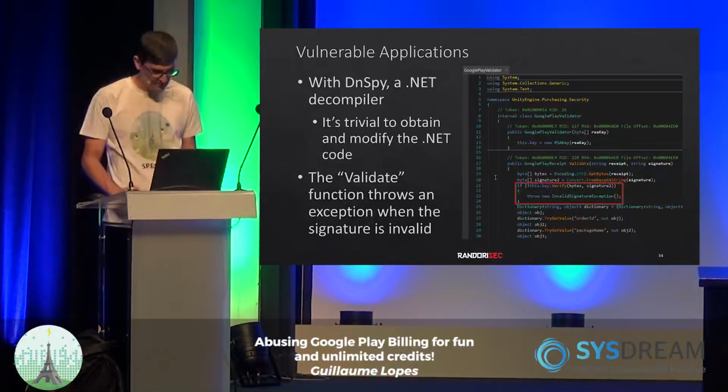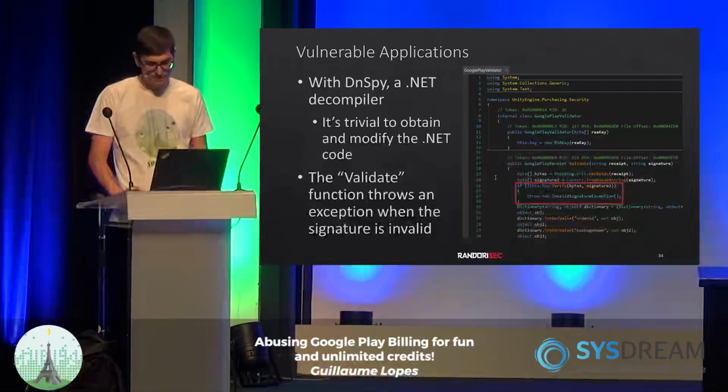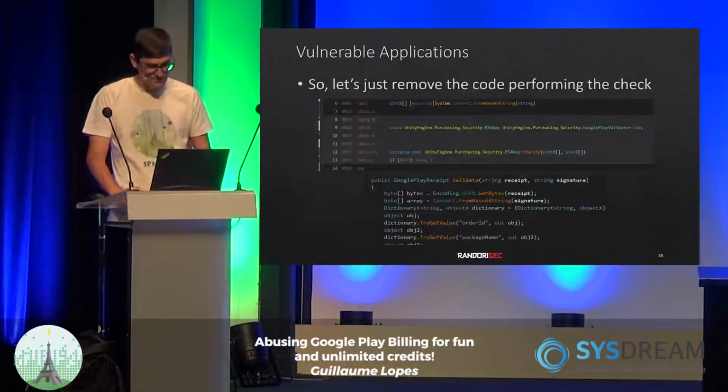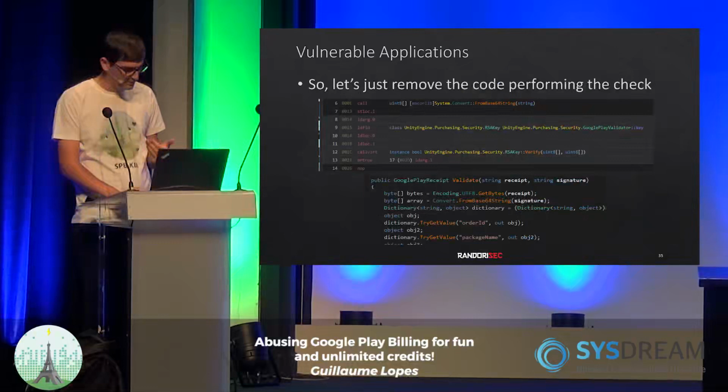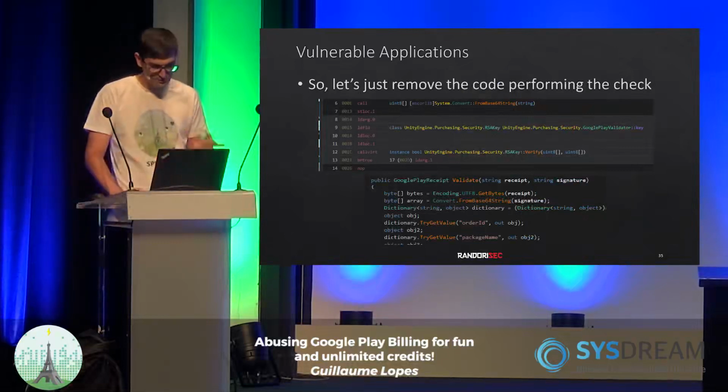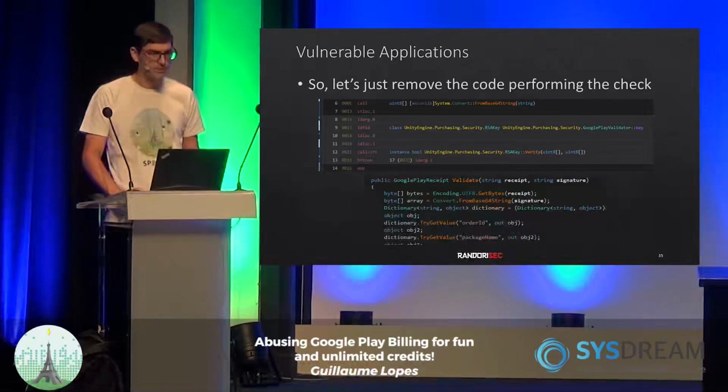Okay, so no problem. With dnSpy, we can decompile, but we can also modify the DLL without any issue. So just remove the lines throwing the exception, recompile the DLL, and embed it in your application, and you can profit.